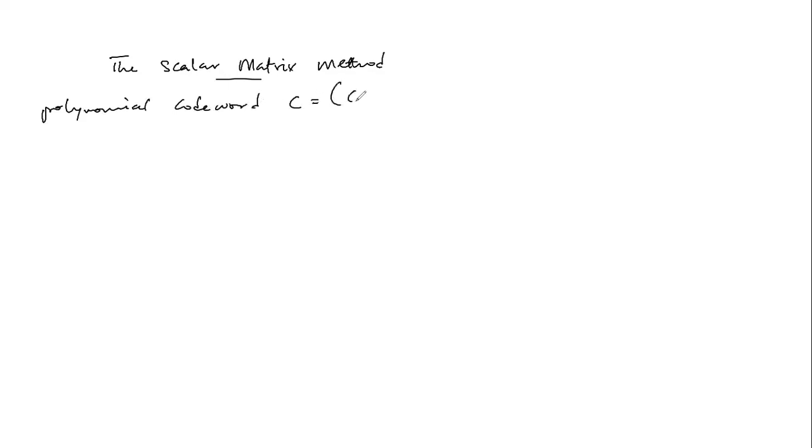Now let us consider the scalar matrix method. Now, if we assume a polynomial code word C the same as C naught of x, C1 of x, all the way to C sub n minus 1 of x, obtained by interleaving the polynomial coefficients.